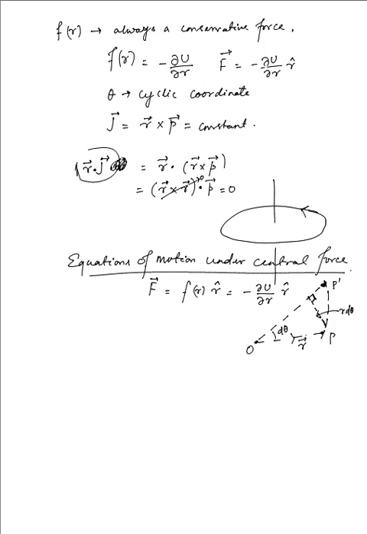Now in order to obtain the equation, obviously we take the help of the Lagrangian. The Lagrangian in this case, T minus V, is equal to half m r dot squared for the linear case, and as far as the angular case is concerned, with the angular velocity omega, remember omega is d theta by dt, that is the rate of change of angular displacement.